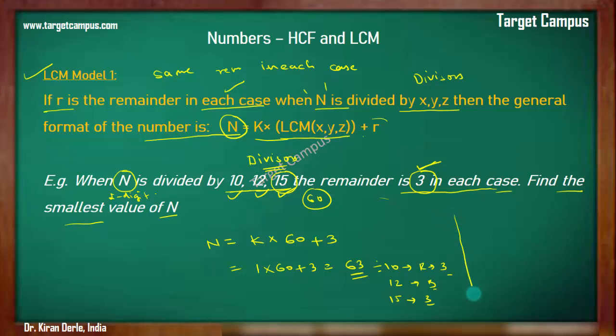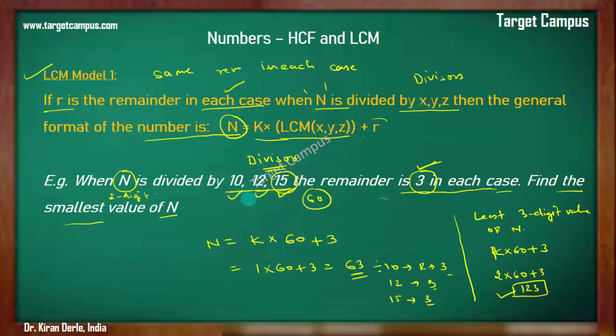If the question had been to find the least 3-digit value of n, we want the least 3-digit number, so the value of k would be 2, giving 2 into 60 plus 3, that is 123. 123 is the least such number.